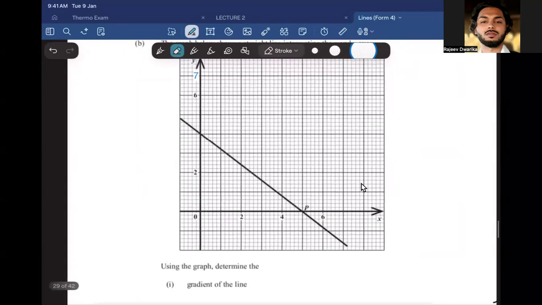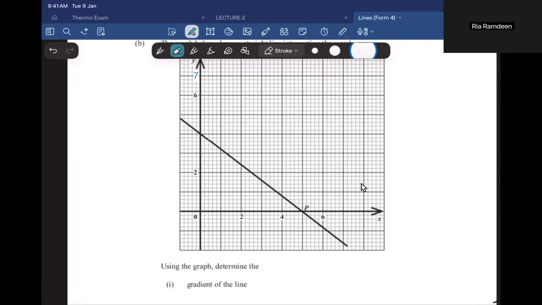Anytime you're given a graph of a line, how do you find the gradient? Do you remember? We take 2 points.